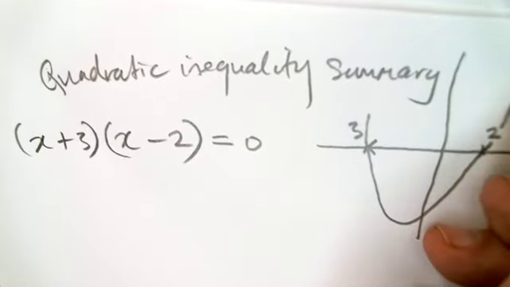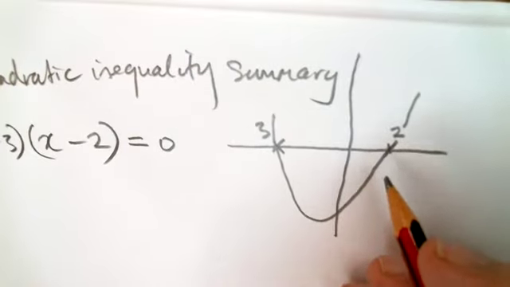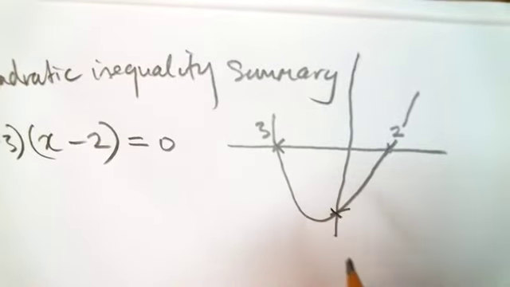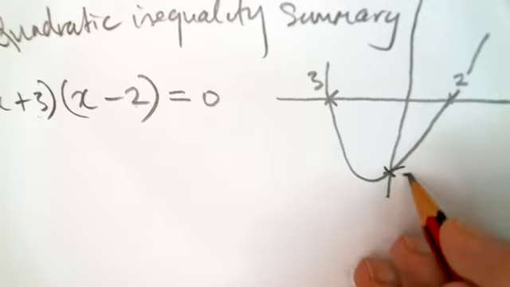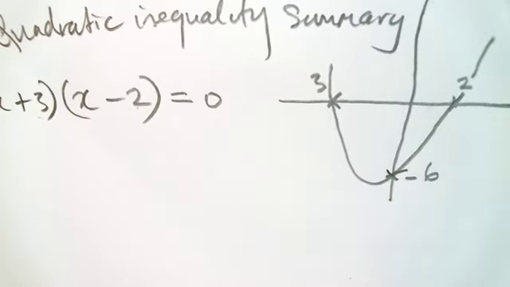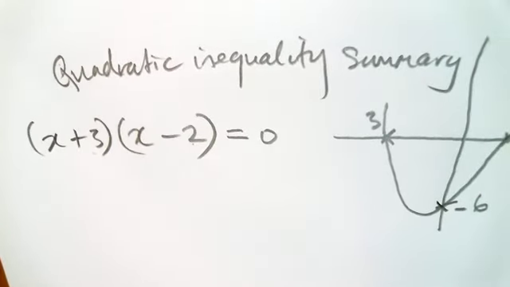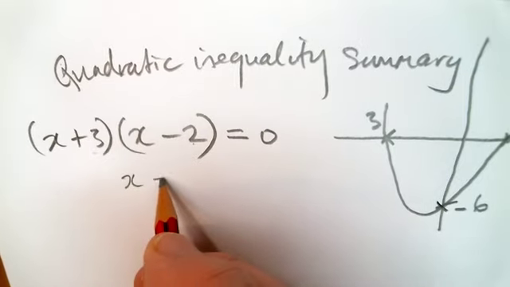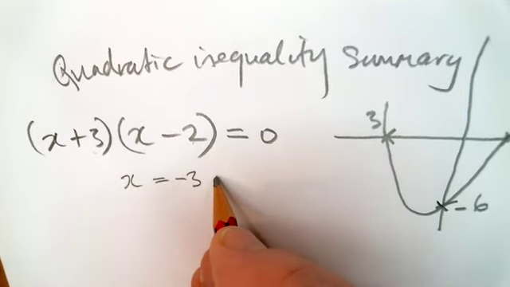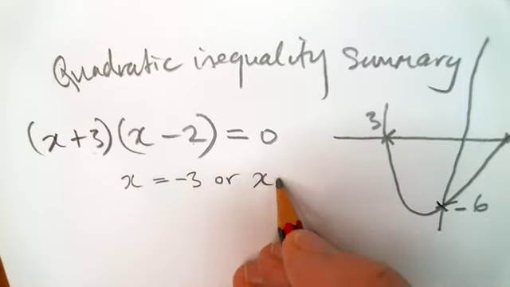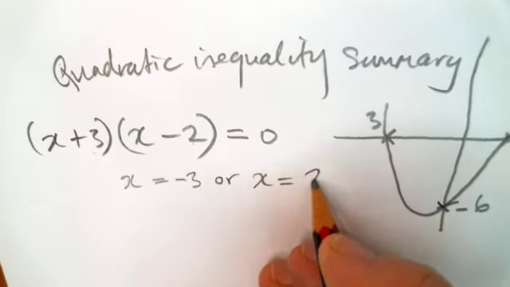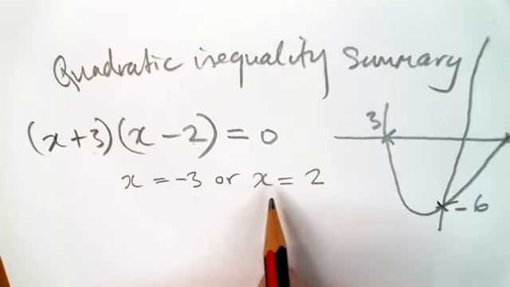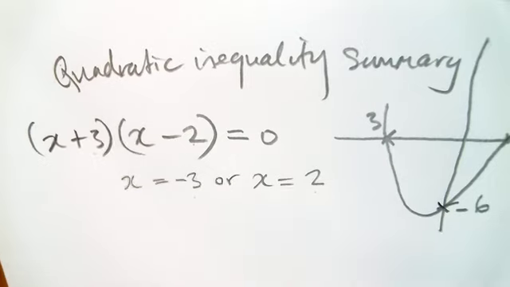It looks something like that. And down here somewhere would be 3 times negative 2, which is negative 6. But ultimately, the answer would be either x is negative 3 or x is equal to 2. We would have 2 discrete points.